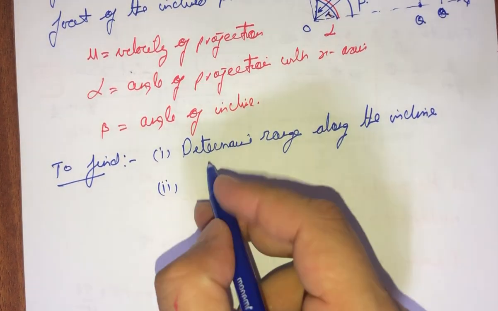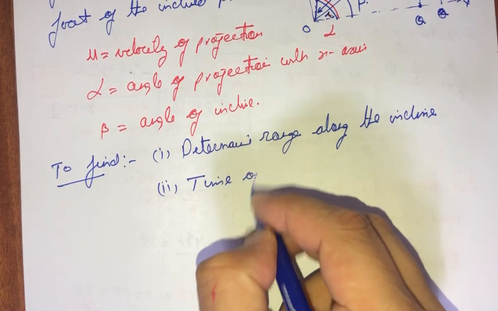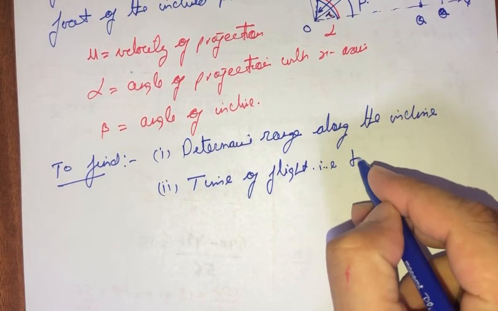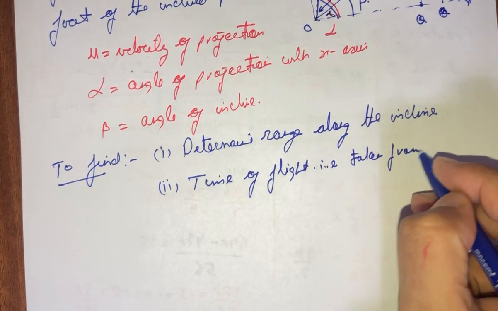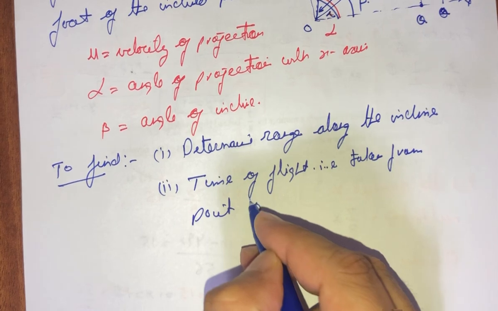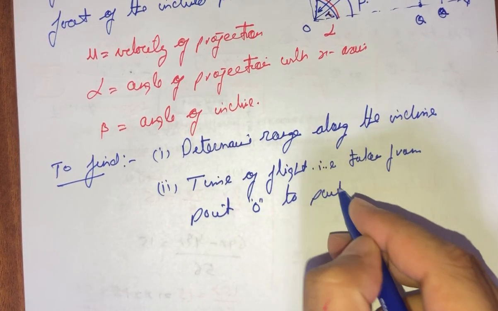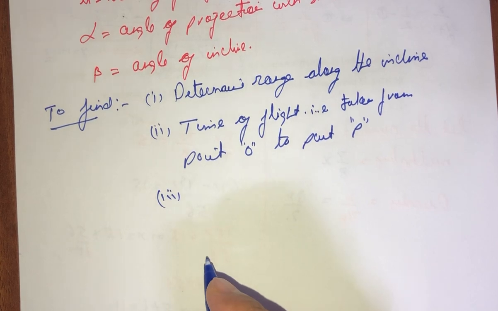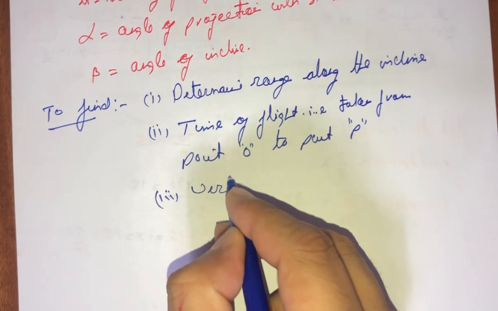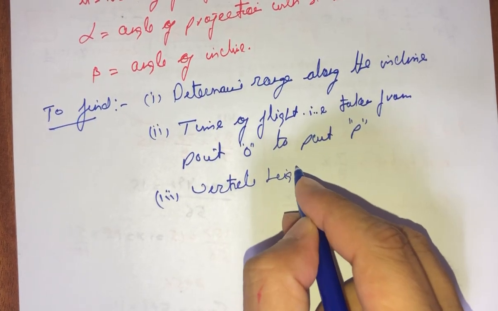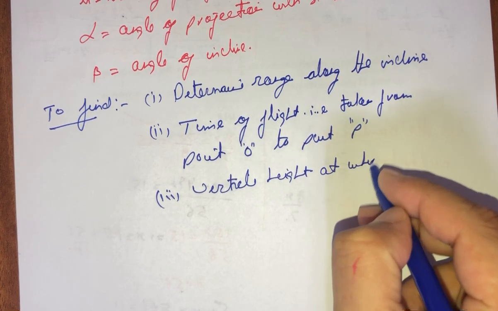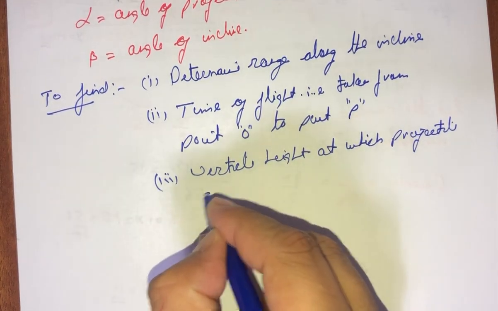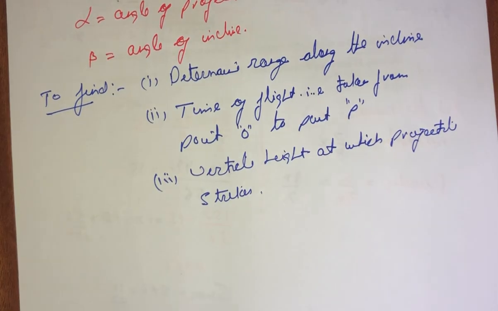Second, time of flight, which means time taken from point O to point P. And third, the vertical height at which the projectile strikes.